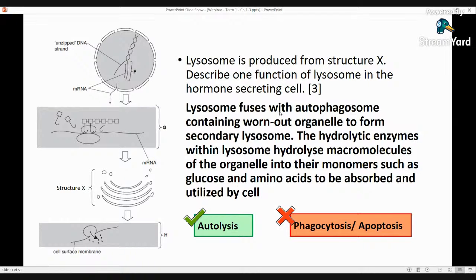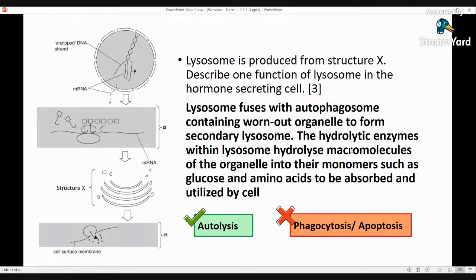So lysosome fuses with autophagosome, containing worn out or damaged organelles, to form secondary lysosome. You must mention the hydrolytic enzymes within the lysosome hydrolyze. Don't say convert or change. Hydrolyze macromolecules of the organelles into their monomers.